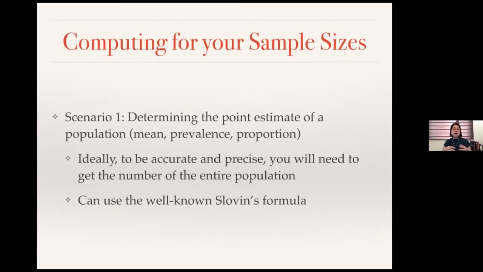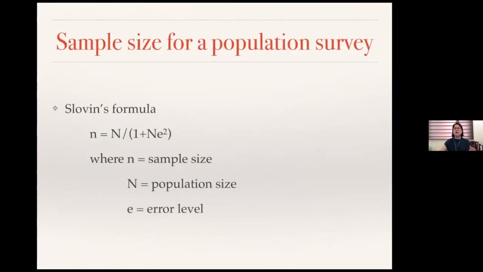So that's basically what they use, the Slovin's formula. This is the Slovin's formula, where n, the small n, is the sample size that we want, but it's dependent on the actual sample size. And this is the equation wherein it's divided by 1 plus the actual sample size times the error level.